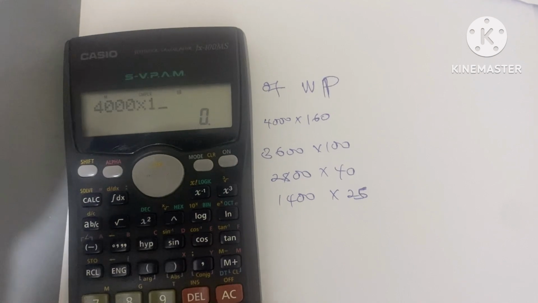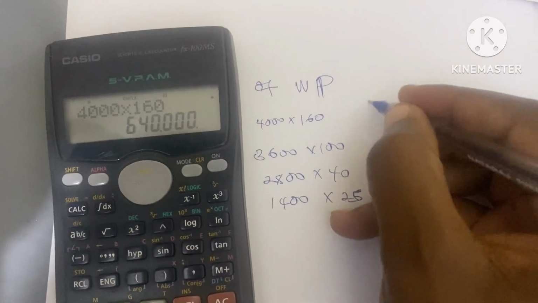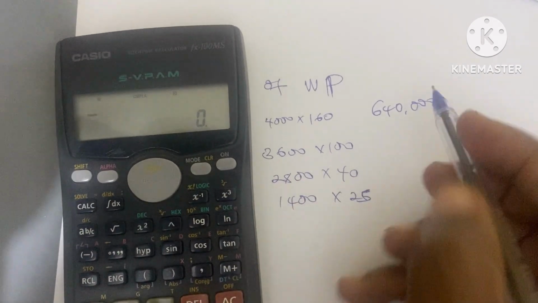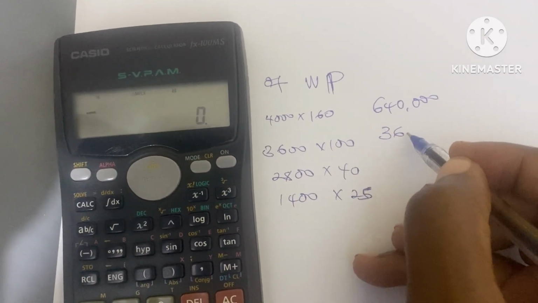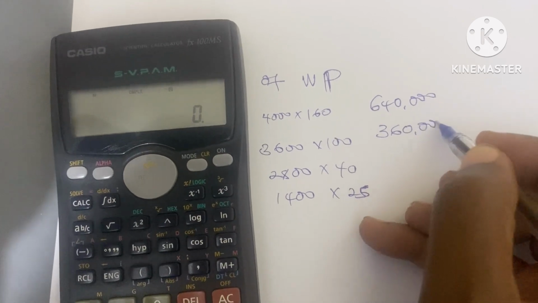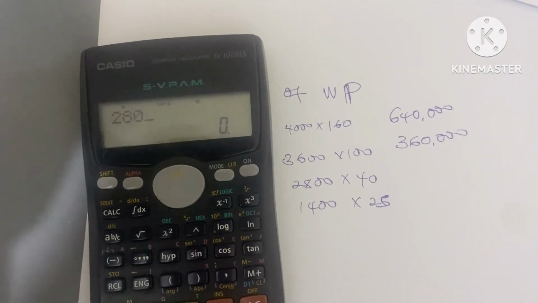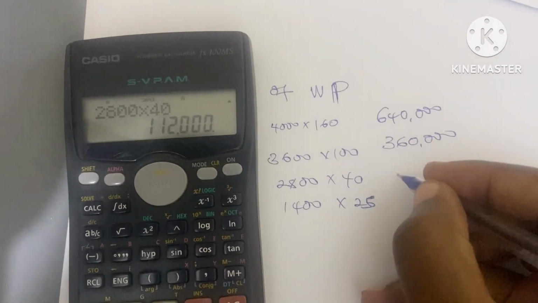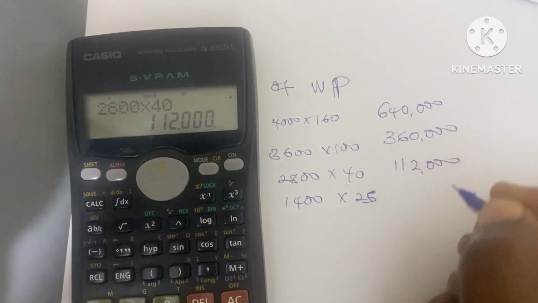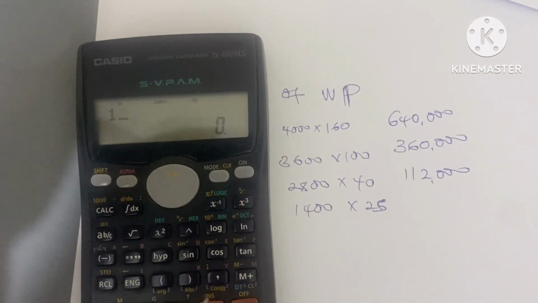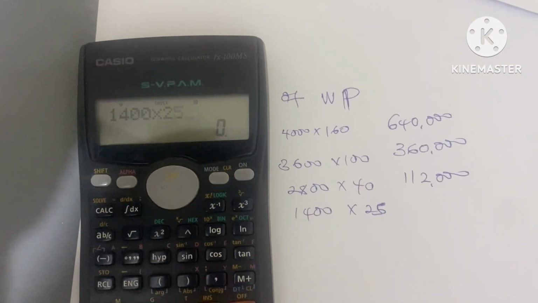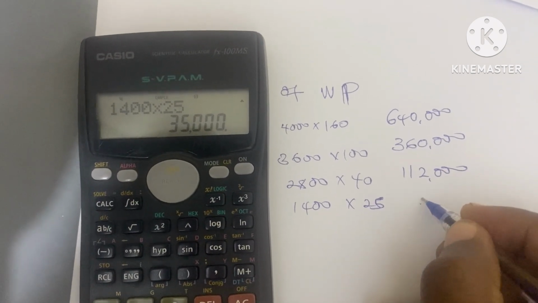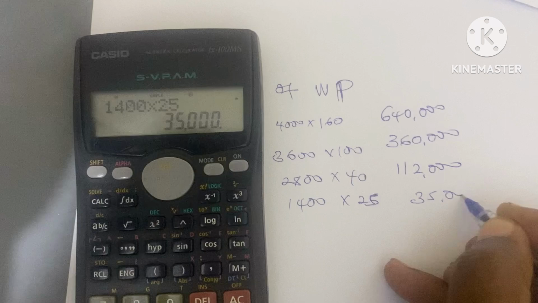So you calculate 4,000 times 160, you get 640. Then this you get 360. Then 280 times 40, you get 112. Then this 400 times 25, that is 10,000.